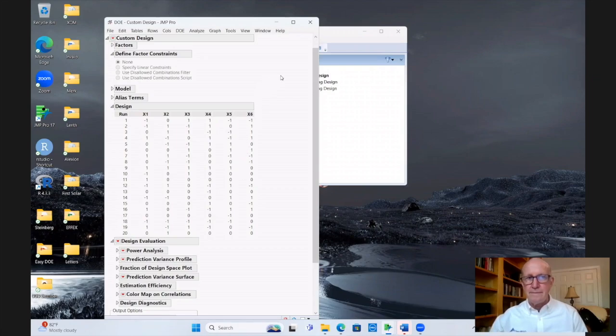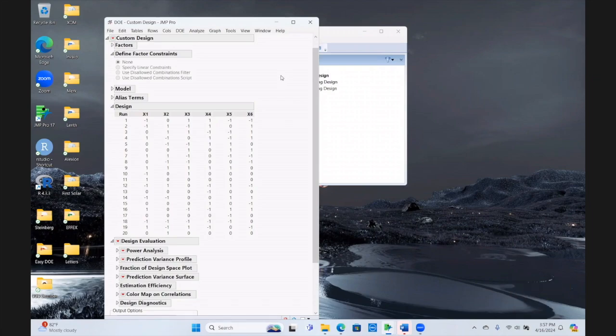And Brad, if you're unlucky, this can always be augmented. Absolutely. If it turns out that you need more effects, you can augment this using the Augment Designer in JMP, with whatever follow-on model you think is necessary.